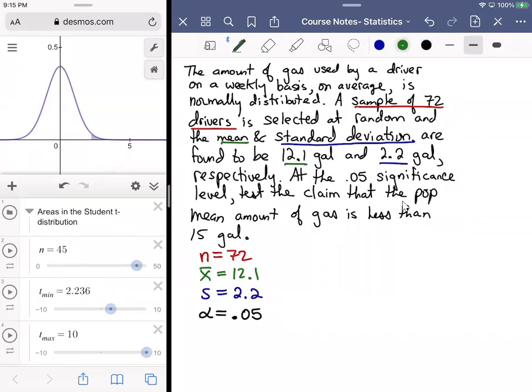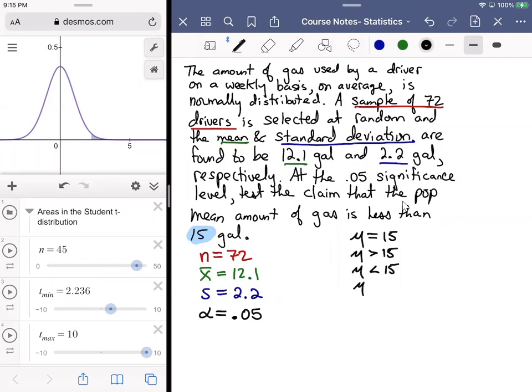All right. So just think about what we did before. Using that benchmark, 15 gallons, our population mean could be equal to 15. It could be more than 15. It could be less than 15.